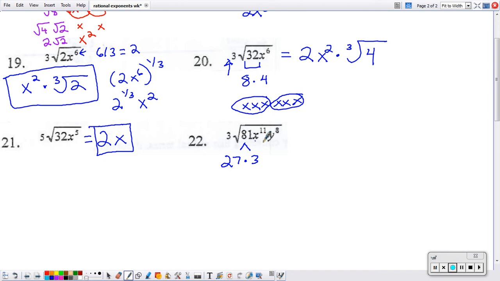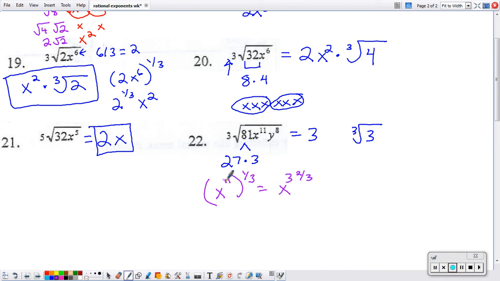Now I have x to the 11th. I'm going to write my number answer first. So I know that's a 3, and I know I have the third root of 3. All right, now I have that x to the 11th. So one way I'm going to think about it is I have x to the 11th to the 1/3. And I'm going to do something I never do, and I'm going to use a mixed number. 11/3 is like 3 wholes and 2/3.